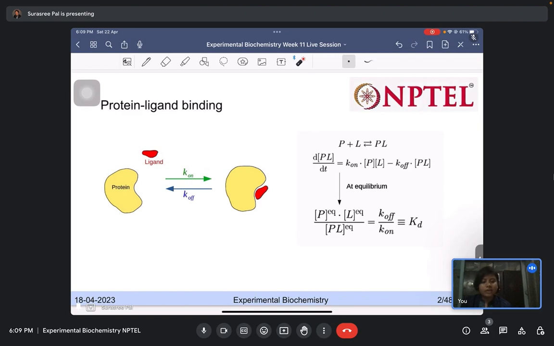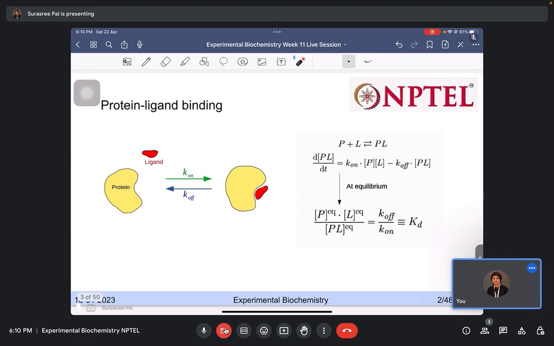So now we can see that when a protein and a ligand associate with each other, they form a protein-ligand complex. And this is free protein, this is free ligand, and this is the bound complex between the protein and the ligand.